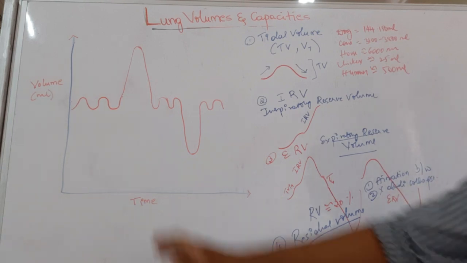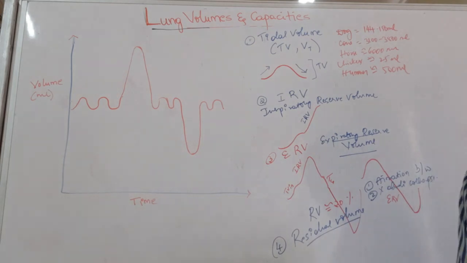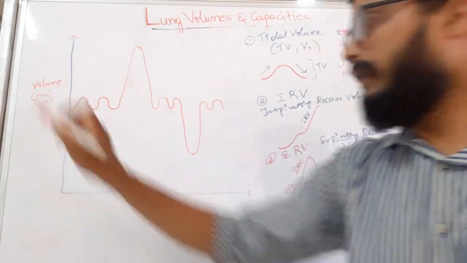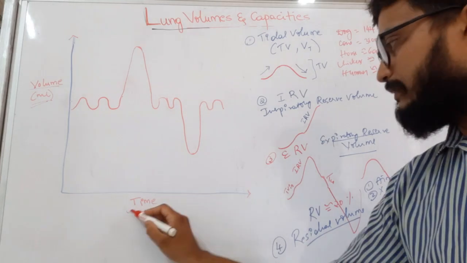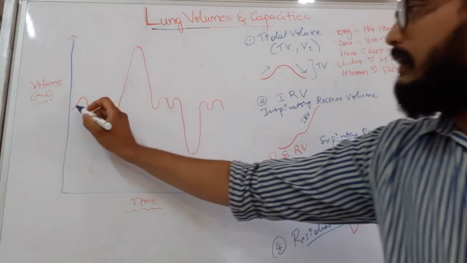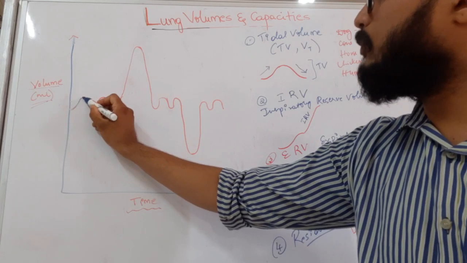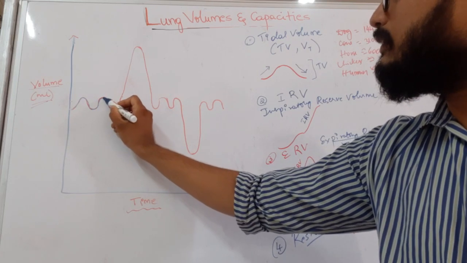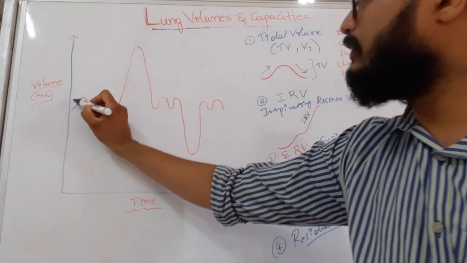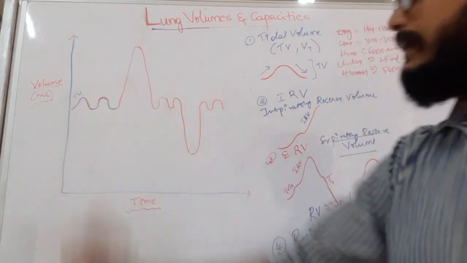If you see the graphical representation putting together the different volumes, in the y-axis we have the volume in ml, and in the x-axis we have the time. The air that is moving in and out during normal quiet inspiration and expiration is referred to as tidal volume.